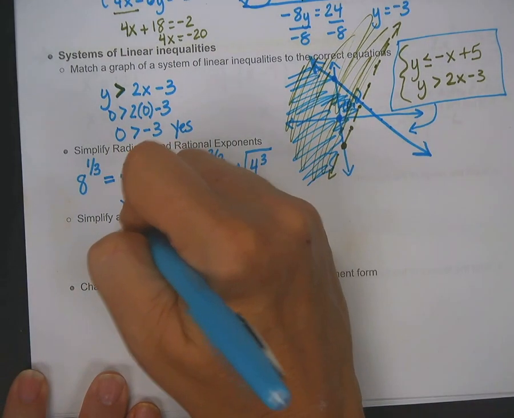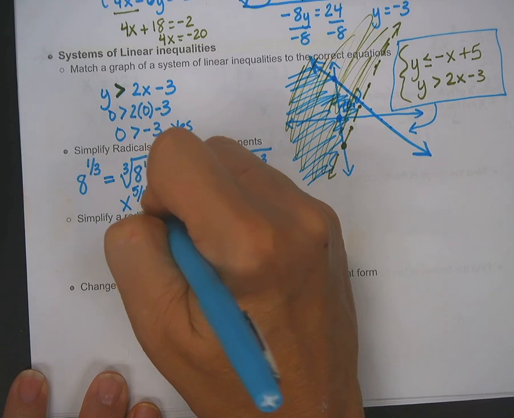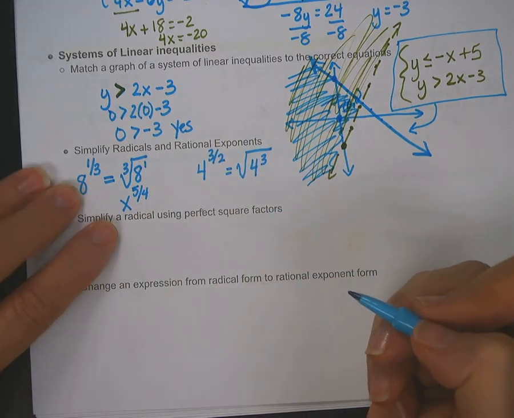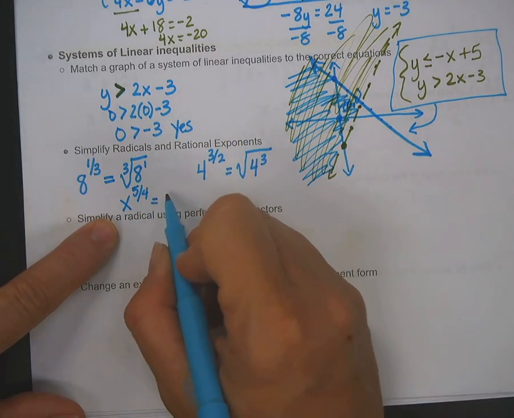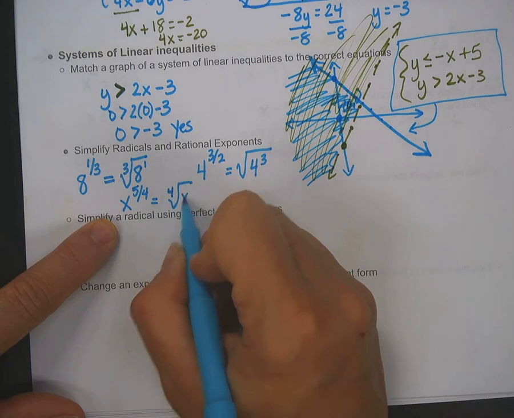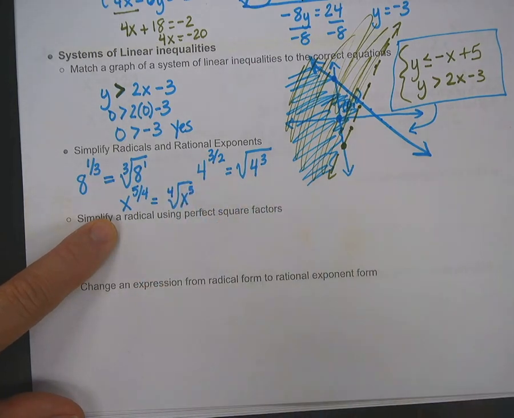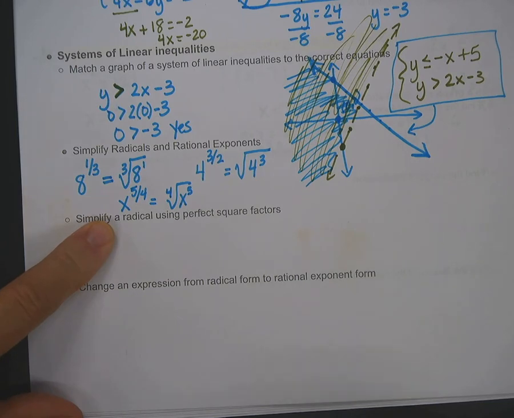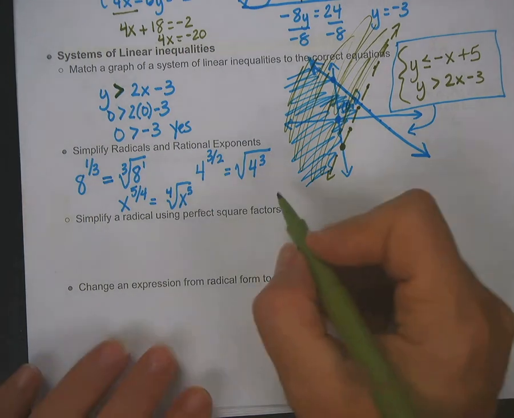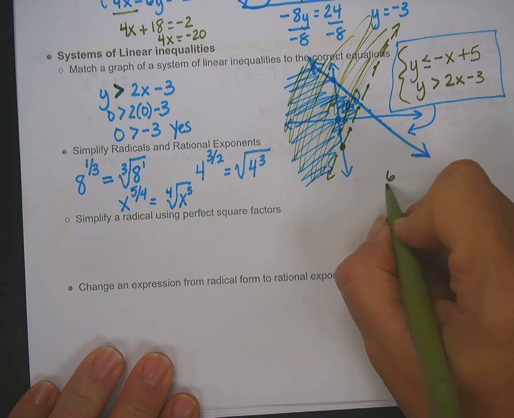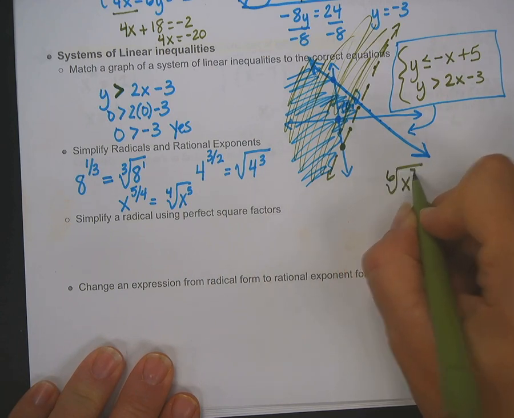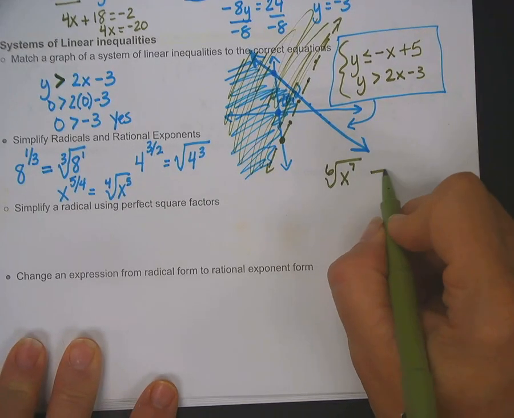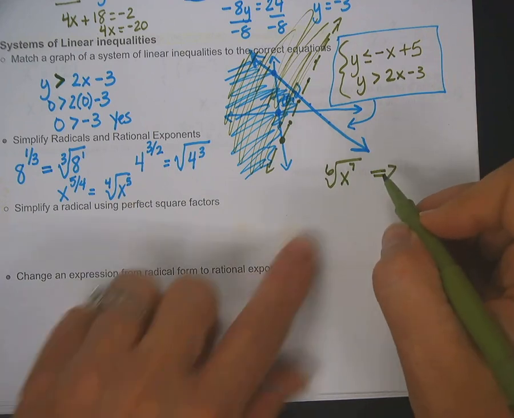Okay, so you might see something like this. X to the 5/4 power is going to be the 4th root of x to the 5th. So you will have to go back and forth for these. If I give you it in radical form, like the 6th root of x to the 7th, you need to be able to go to fraction or rational form.